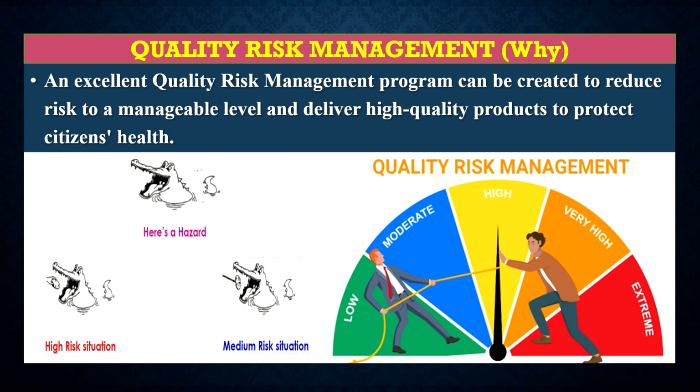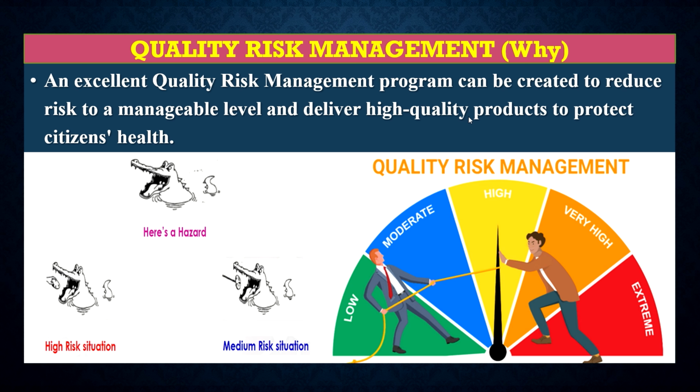And why is it required? Because an excellent quality risk management program can be created to reduce risk to a manageable level and deliver high quality products to protect the citizens' health. Why? Because there is always a risk in the process or facility or system, as we discussed earlier.